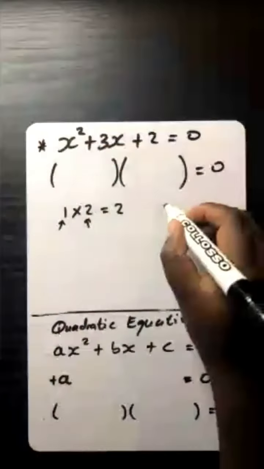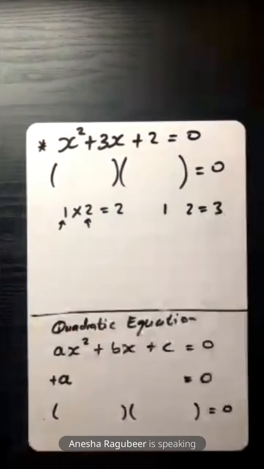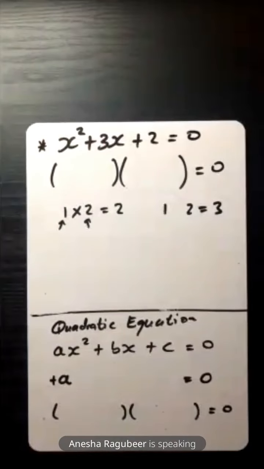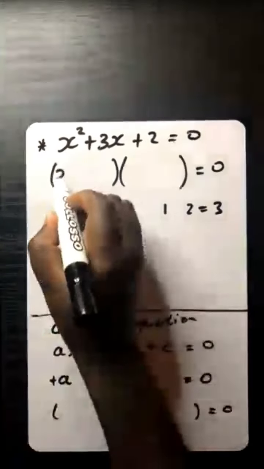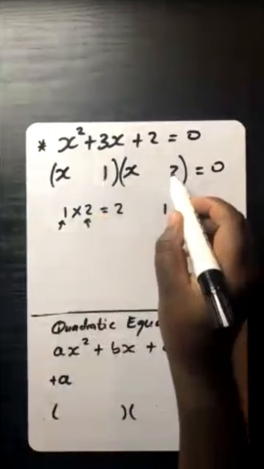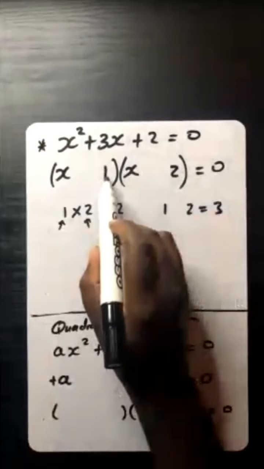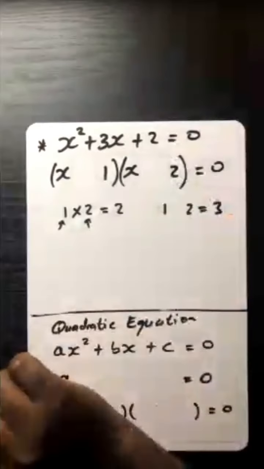Can you say 1 plus 2 and it gives you 3? Yes, sir. Then the answer to that question is a yes. But remember, firstly, we know we've got x there. So if you say yes, then we have 1 and 2. It doesn't matter whether you write 2 there, 1 there.